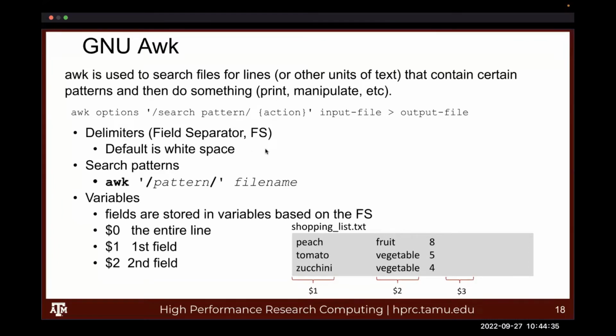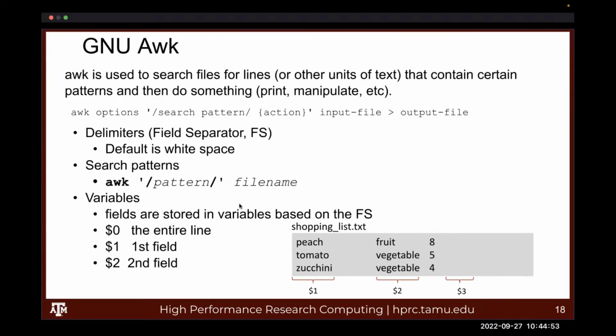So this variable FS, which is the field separator, the default is white space. It's like a space or a tab, or something of that nature. You can put a custom field separator in, but if you don't, the default will be white space.